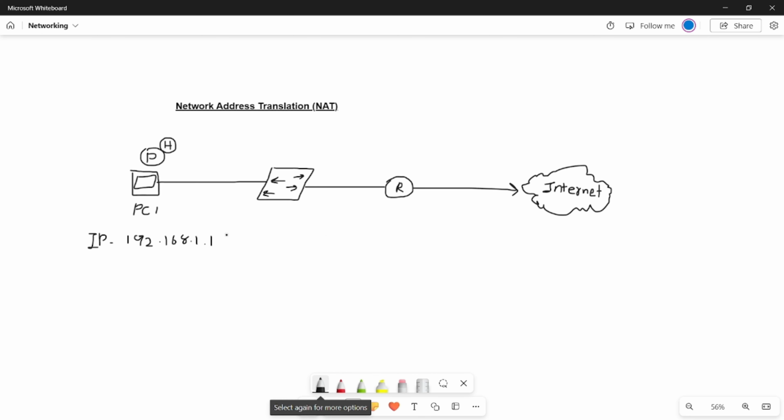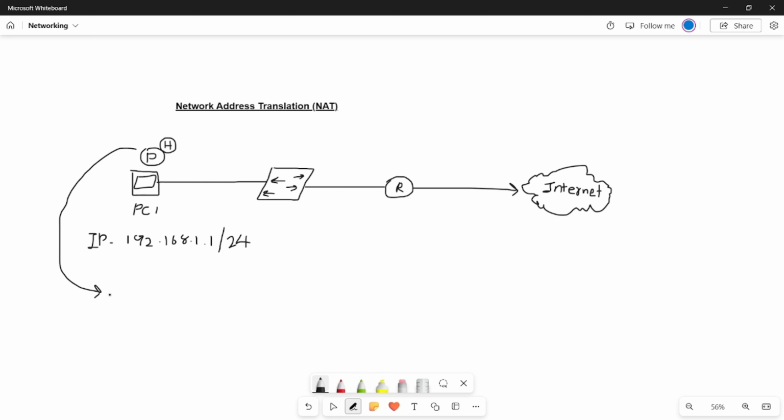So let's say the subnet mask of this IP address is 24. After generating a data packet from this PC1, the header appears like this.